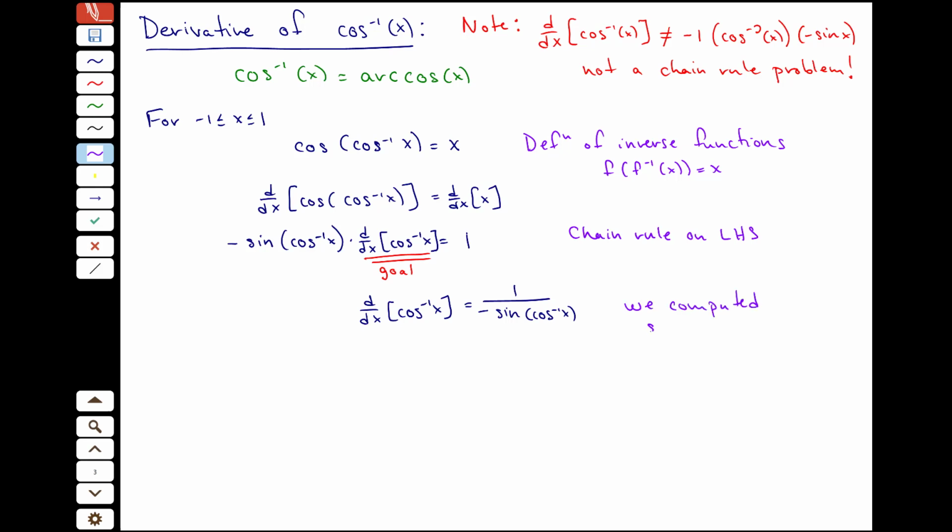We computed already that sine of arc cosine of x is equal to the square root of 1 minus x squared. And so what we get when we plug that in is we have this negative sign from before, and we have 1 over the square root of 1 minus x squared. And so that is the derivative of arc cosine.